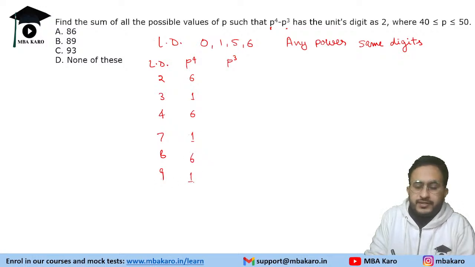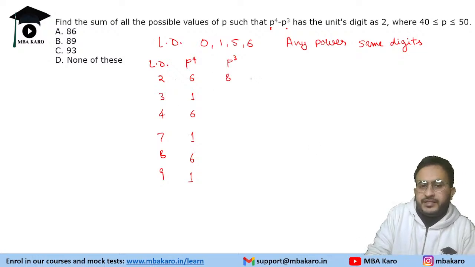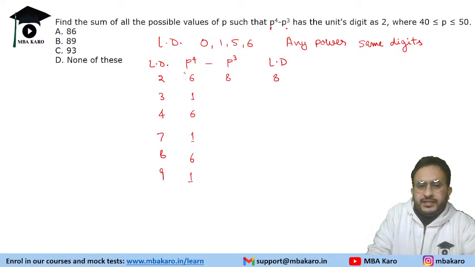This is the last digit of p to the power 4. For p cube, the last digit of the third power of 2 is 8. So p^4 minus p^3, the last digit will be 8. Now you will say minus 2. So basically, we can take a carry and get the last digit as 8, not the correct one.